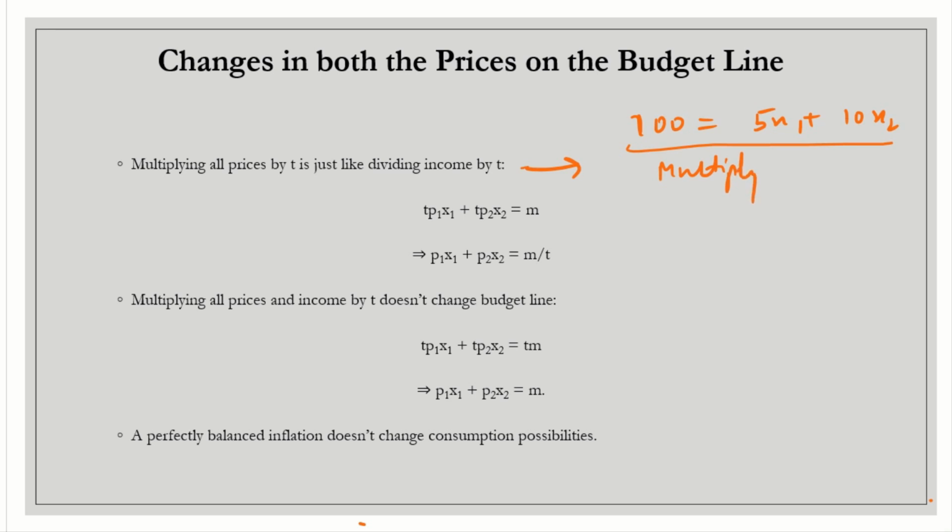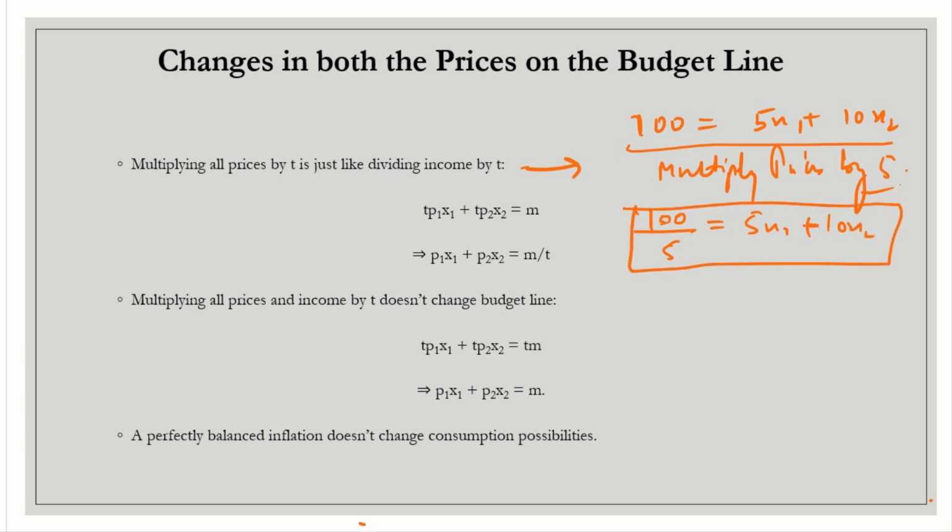When you multiply prices by 5, we got 100 upon 5 is equal to 5x1 plus 10x2. This was our expression. So where is the net effect? Only on the income, so income is going to get divided.